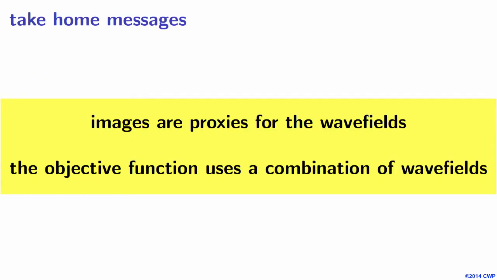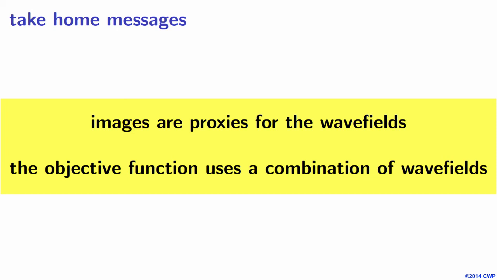When you say we have data domain methods and image domain methods, I'm personally ready to discard all that terminology, because in all cases we are operating with the same wave fields. We just have in one case a measure of dissimilarity between the wave fields, an objective function that depends on this proxy quantity, the image.